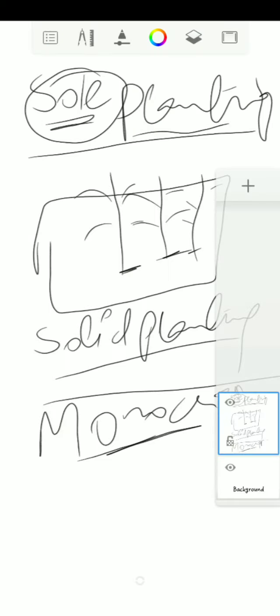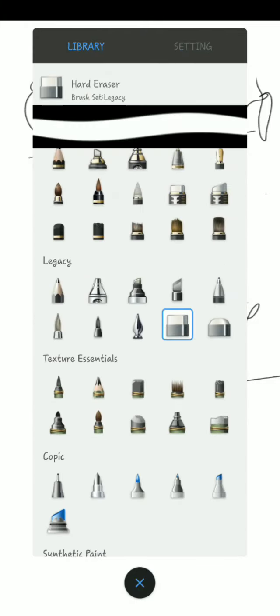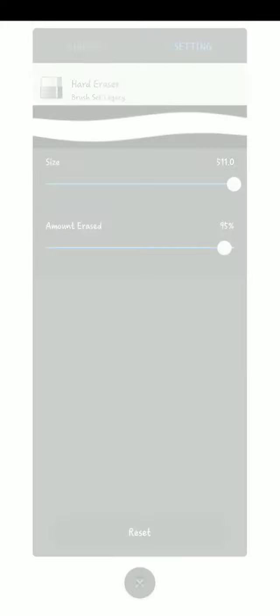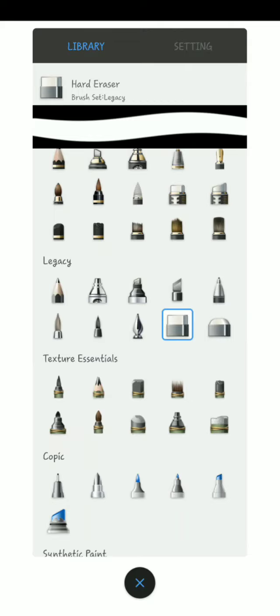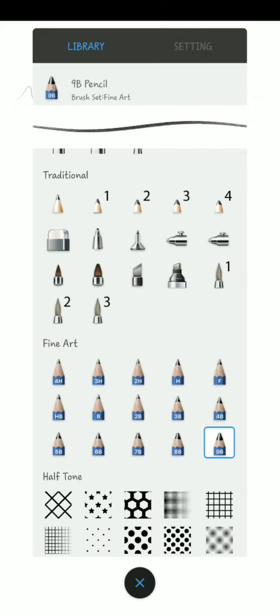Monocropping is also known as monoculture.